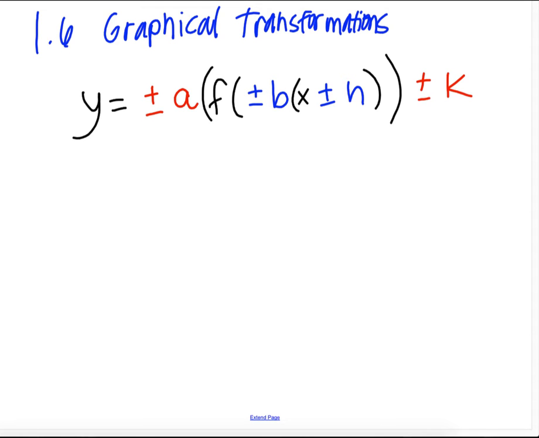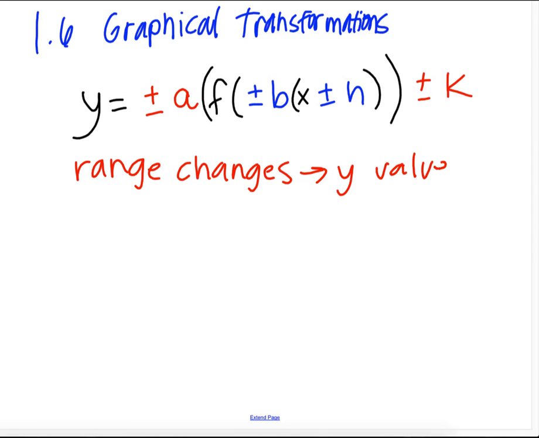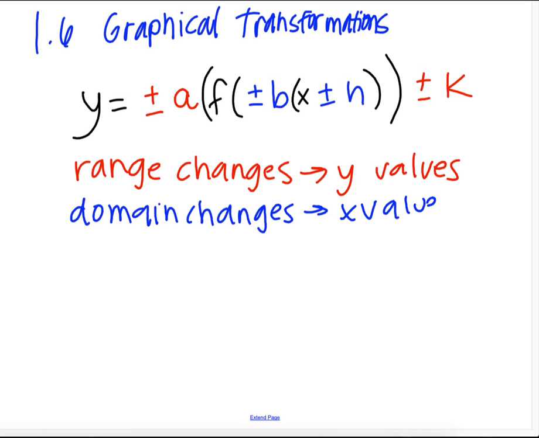Anything that is in red are the range changes, which means it affects the y values, and anything that is in blue is going to affect your domain, so things that affect your x values. The black part is just saying that this can be applied to any of your parent functions.